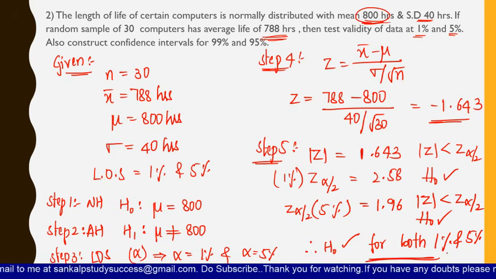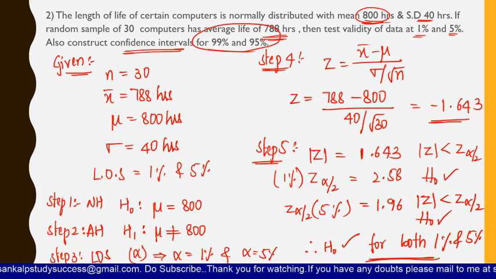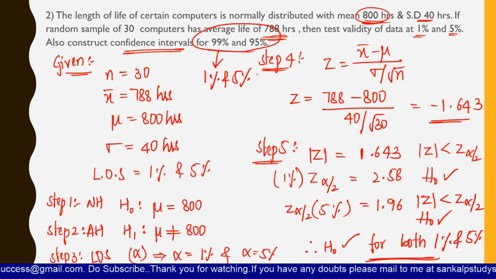So in this way we are going to conclude, and also here we have to construct confidence intervals for both 99% and 95%. That means both for 1% and 5% levels of significance. So now let us calculate the confidence interval.